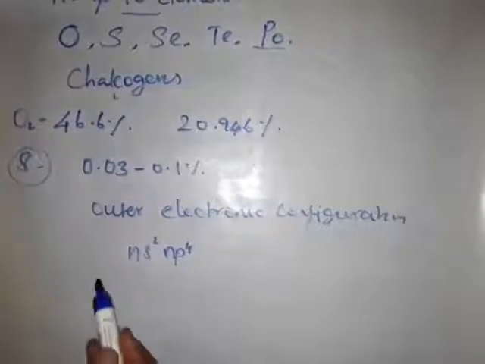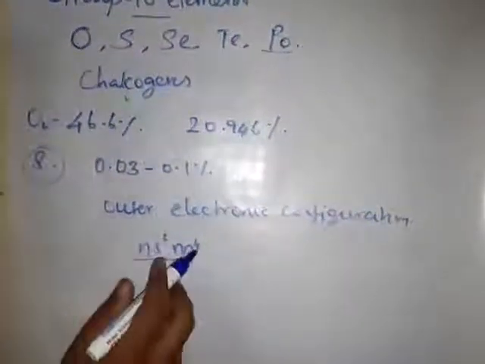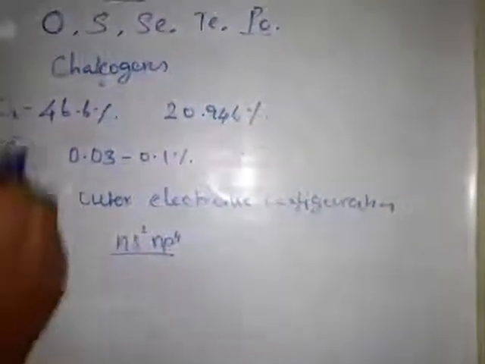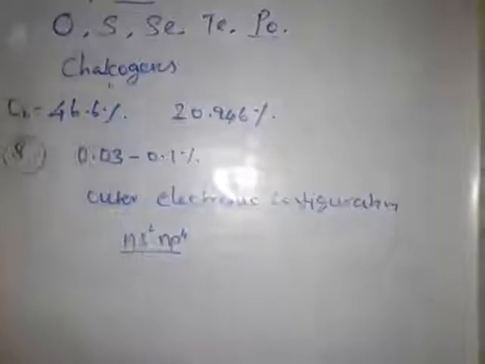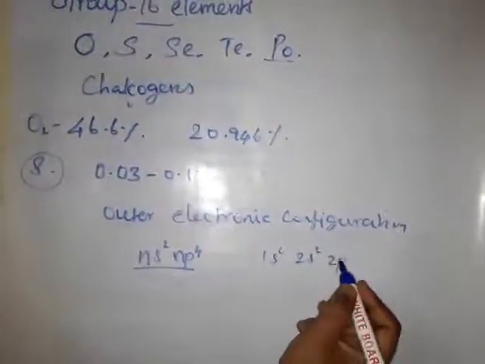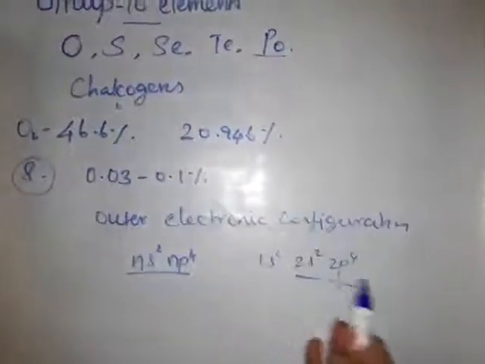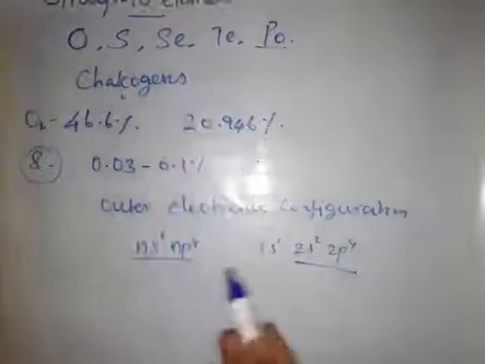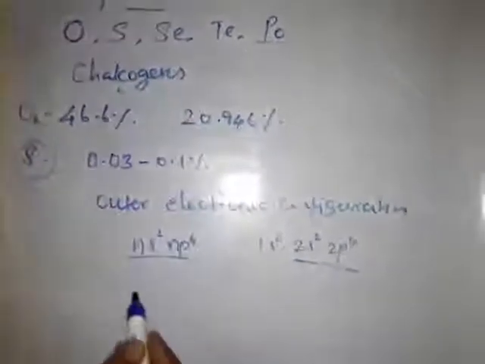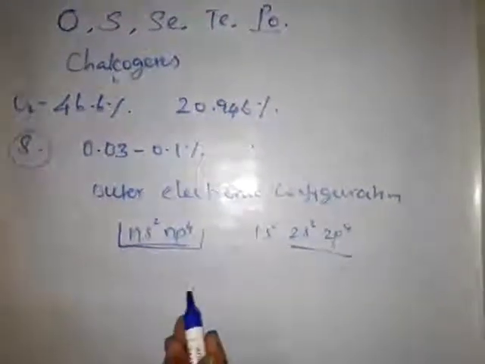All the valence electrons are like this, ns2 and np4 type. For example, oxygen is 1s2, 2s2, 2p4. Similarly, sulfur 3s2, 3p4, selenium 4s2, 4p4. This is the general outer or valence shell electronic configuration.